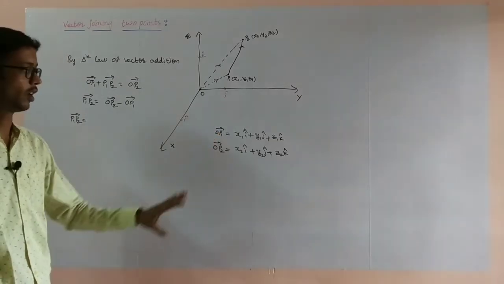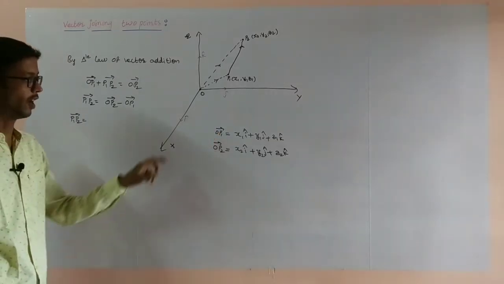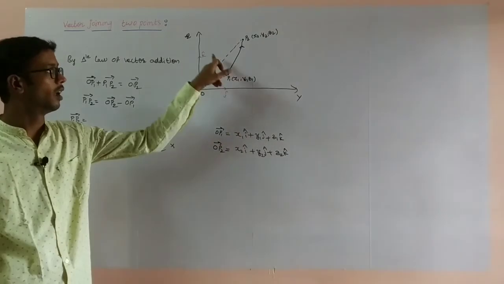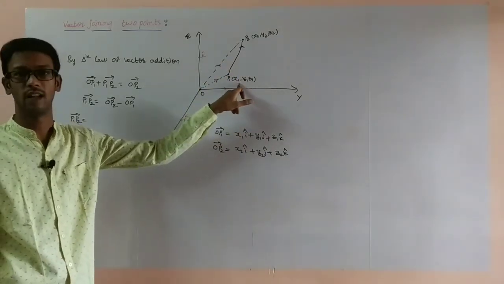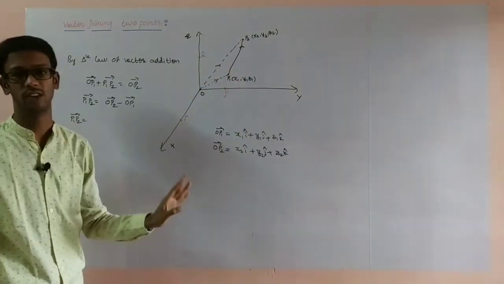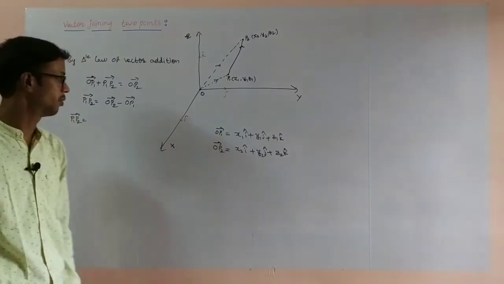The position vectors we wrote here, those values we have to substitute. Why? Because here I, j, k are multiplied with the distances x1, y1, z1. So we wrote the component forms here.